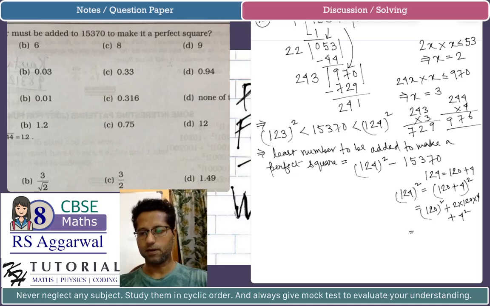Now 120 square: 12 square is 144, and we have 10, so in the square there will be 2 zeros, plus 2 into 120 into 4 is how much? It is 480 into 2, and we have 16.